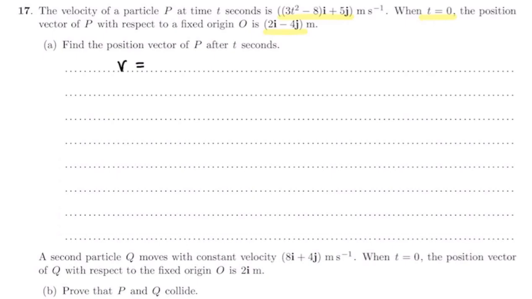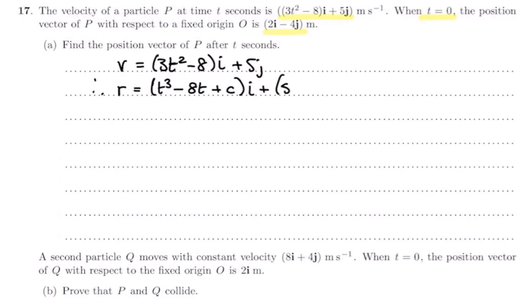So v equals 3t squared minus 8 i plus 5j. Therefore, r must equal, if you integrate that, t cubed minus 8t plus c, i plus 5t plus d, j.